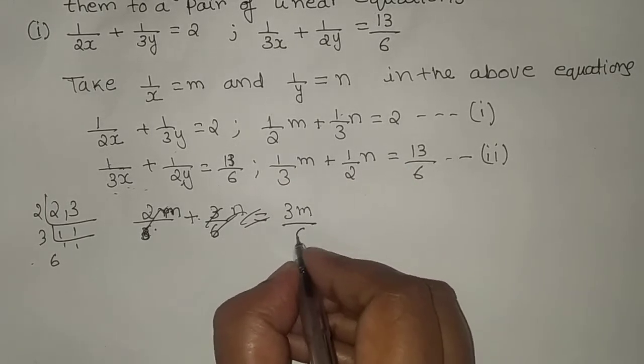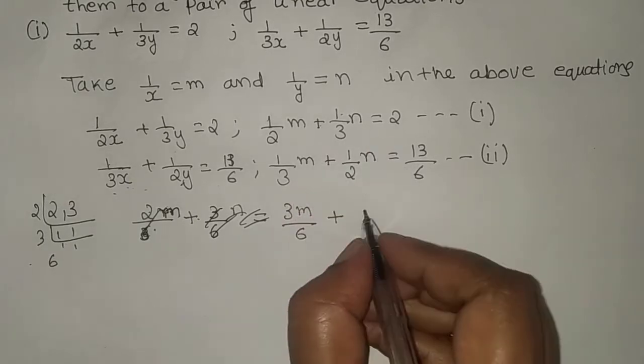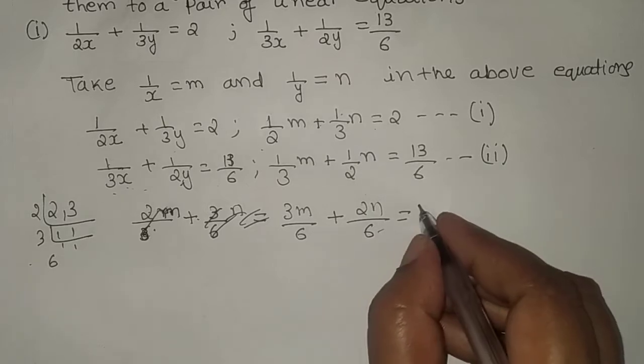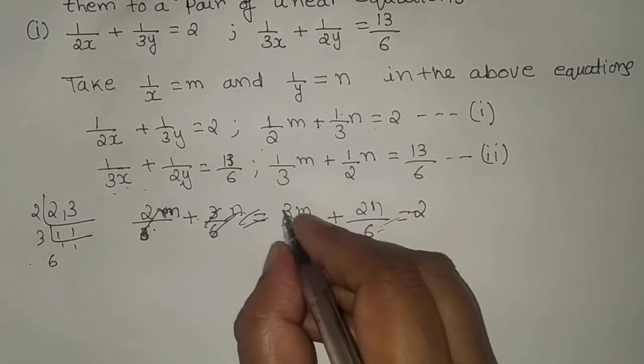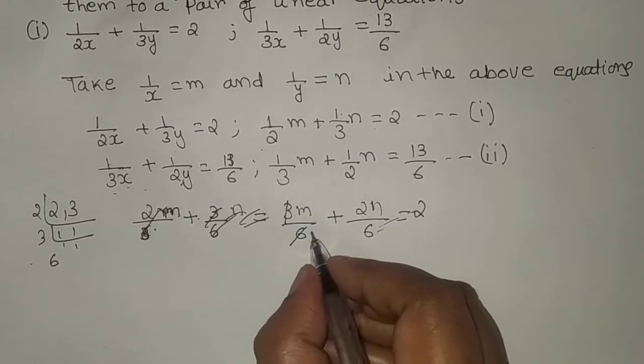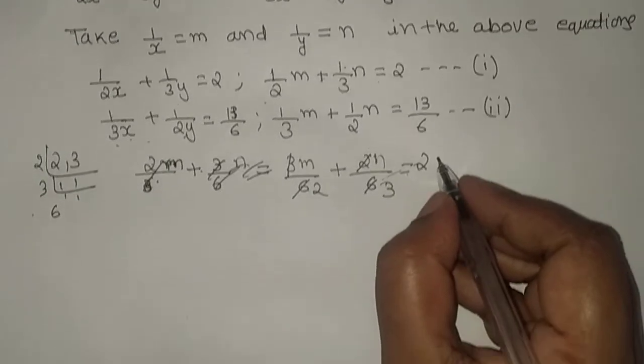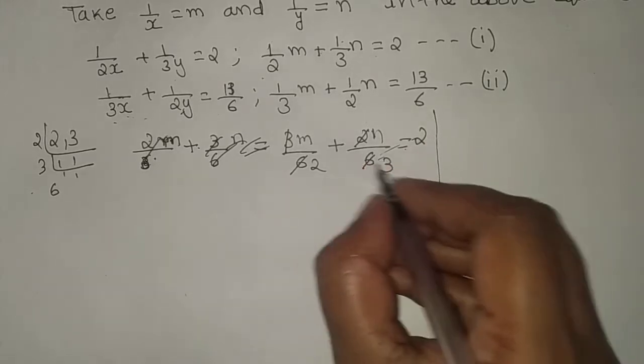3m by 6, where 6 is the LCM, plus 2n by 6. Again multiply this by 6, and 6 into 2. Then after simplification, what do we get?